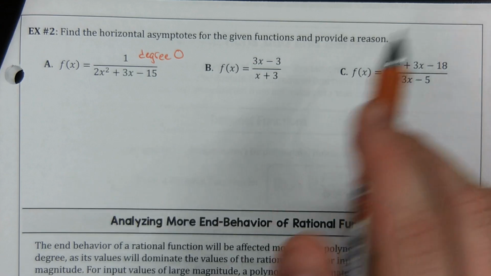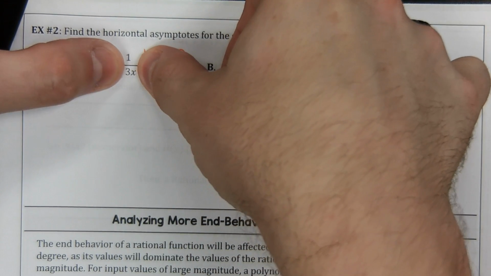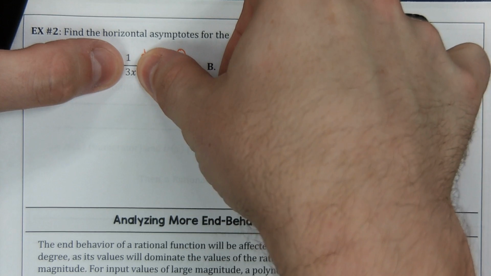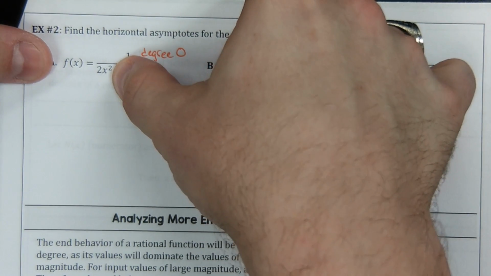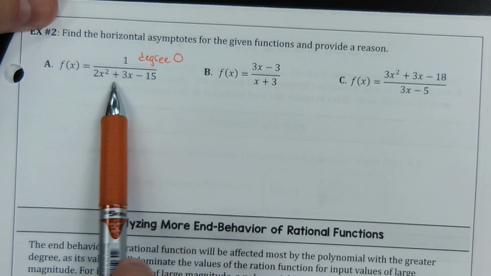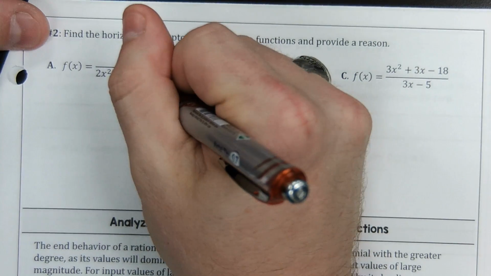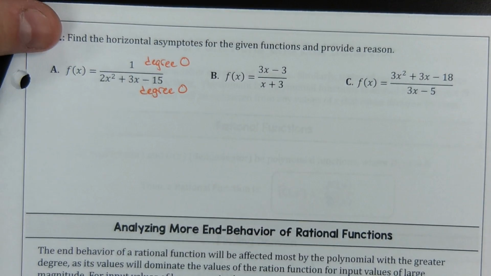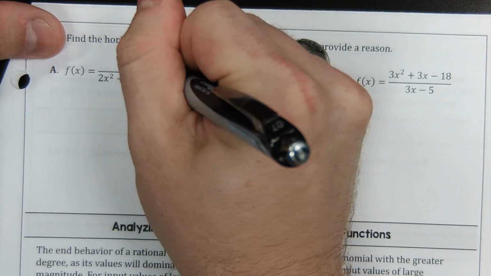What's the degree of x? Degree 1. What's the degree of x squared? 2. This is a degree 2 polynomial. It's a degree 0 because there is not an x up there.